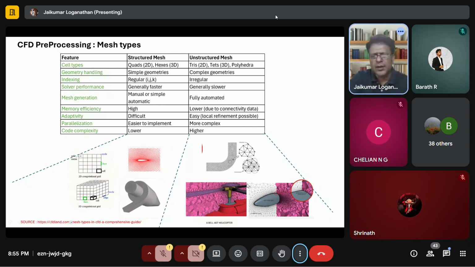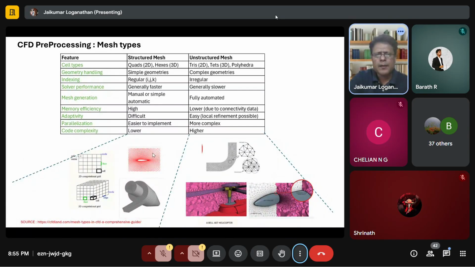It doesn't require a lot of manual intervention. And you will see that when we go through an airfoil CFD simulation, we will create an unstructured mesh using ISO, and you will see the process involved. The structured mesh is very manual, and sometimes it takes a lot of time to create. But once you create, there are a lot of benefits to that. We will discuss some of those.